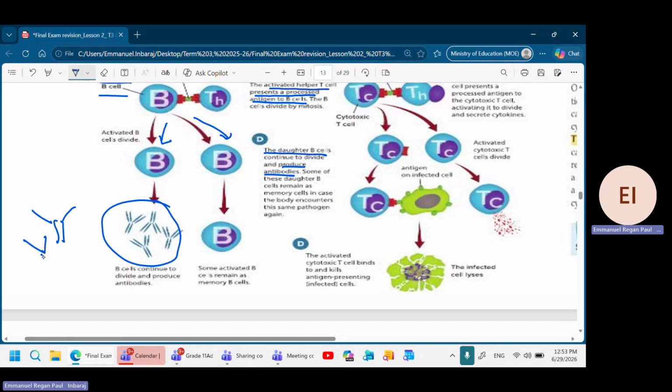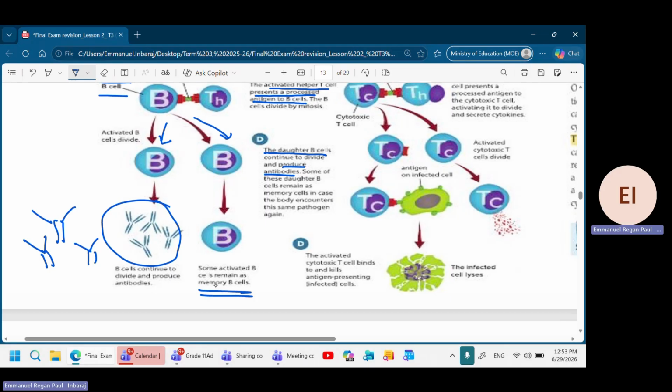So they produce antibodies, and some will be formed as memory B cells. They will remain in the memory of your immune system. So next time, if a pathogen enters the body, the memory cells will be active and they will fight.